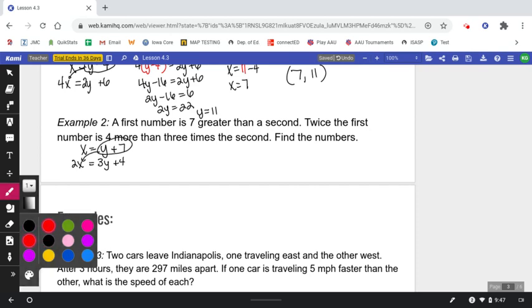I'm going to rewrite the second equation as 2 parenthesis y plus 7 equals 3y plus 4. 2y plus 14 equals 3y plus 4. 14 equals y plus 4, and y is 10. Sub that back into the first equation. So x equals 10 plus 7. So x is 17.